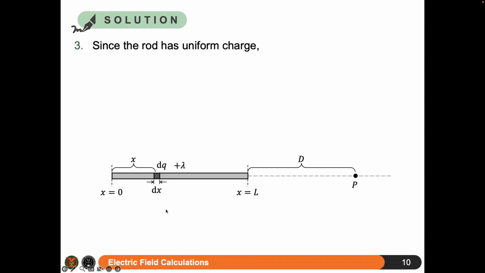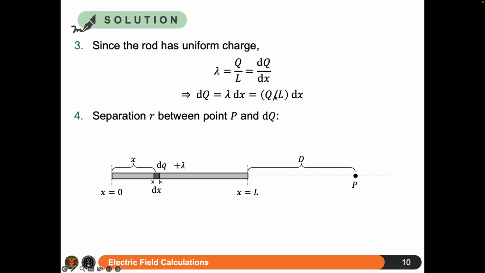Since the rod has a uniform charge density, lambda, then lambda is just your charge per unit length, or in infinitesimal form, your infinitesimal charge per infinitesimal length. So dq, we just rearrange this, lambda equals dq over dx, so dq equals lambda dx, where lambda again is Q over L.